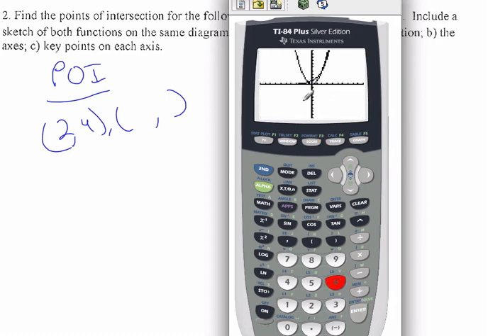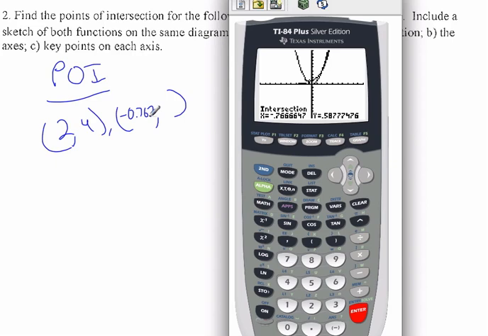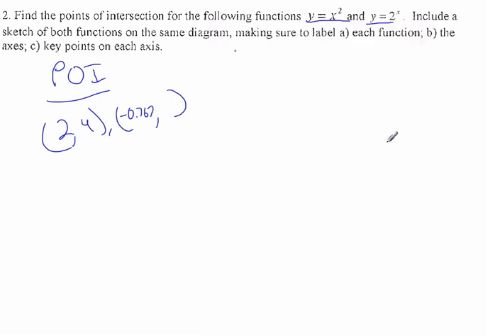Alright, so let's go to second function, trace 5. I'll press enter, enter, and then go close to that other point of intersection, and there we have it. It's negative 0.767, 0.588. I'll make a little sketch.